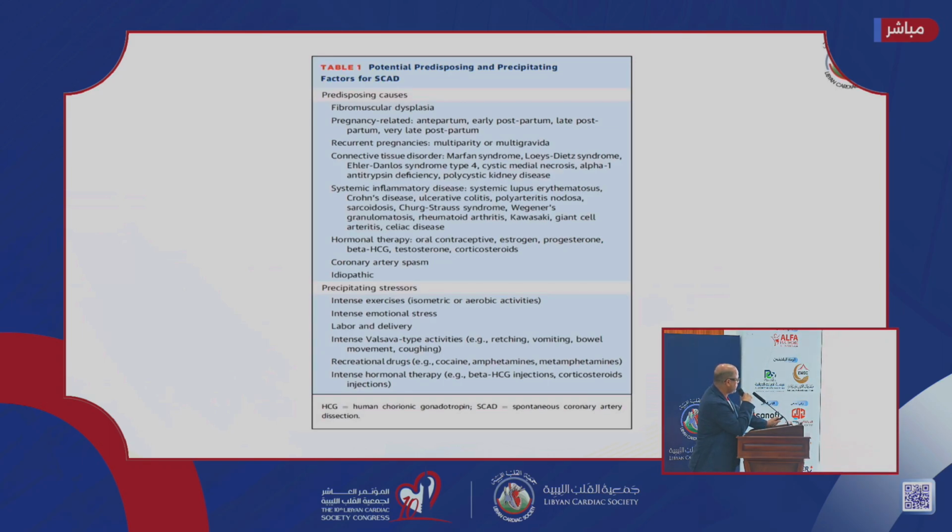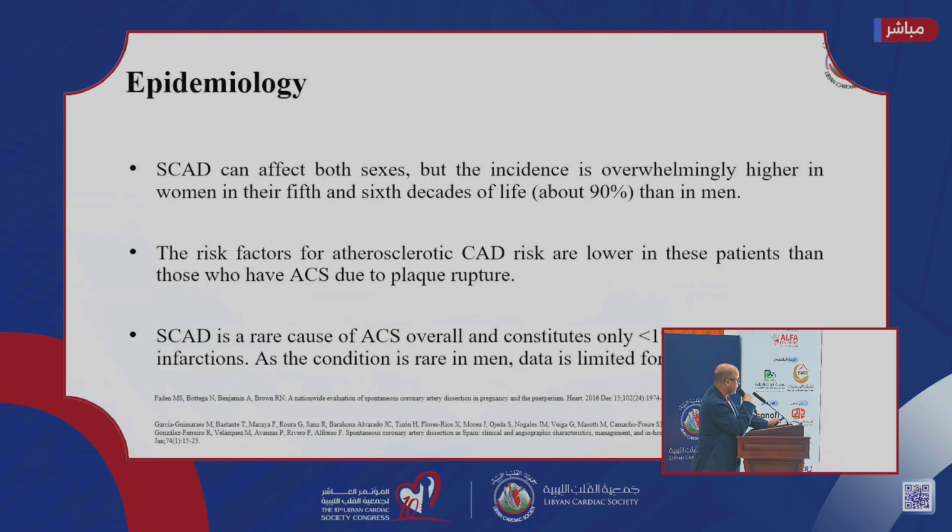As you see from the table, there is a summary of predisposing causes, including fibromuscular dysplasia, pregnancy, connective tissue disorders like Marfan and Ehlers-Danlos, inflammatory diseases from ulcerative colitis to Crohn's disease, SLE, and coronary artery spasm, idiopathic, and there is other possible precipitating stress. It's not uncommon to see patients after intense exertion have SCAD or present with acute coronary syndrome due to SCAD.